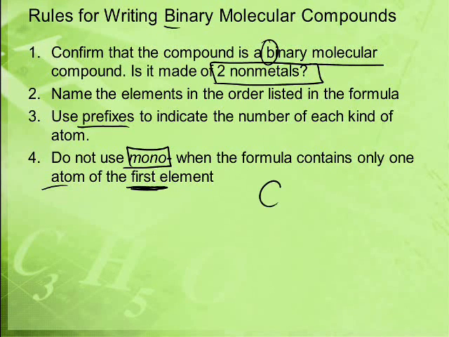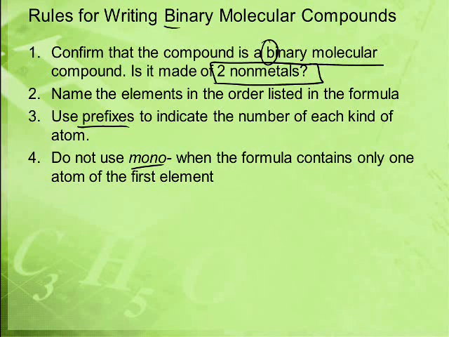So for instance, CO2 we know as carbon dioxide because of the 2. We don't name it monocarbon dioxide. There's no point in it. It's just redundant. If the first element is one, you don't have to put the mono in front of it. But for the second one, you do. So this is carbon monoxide.